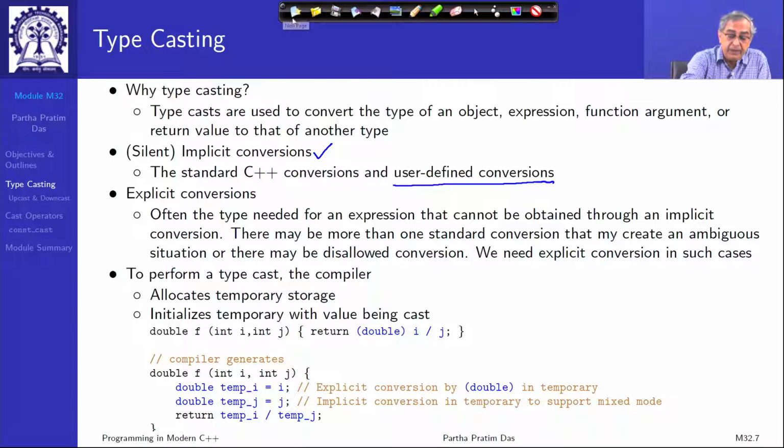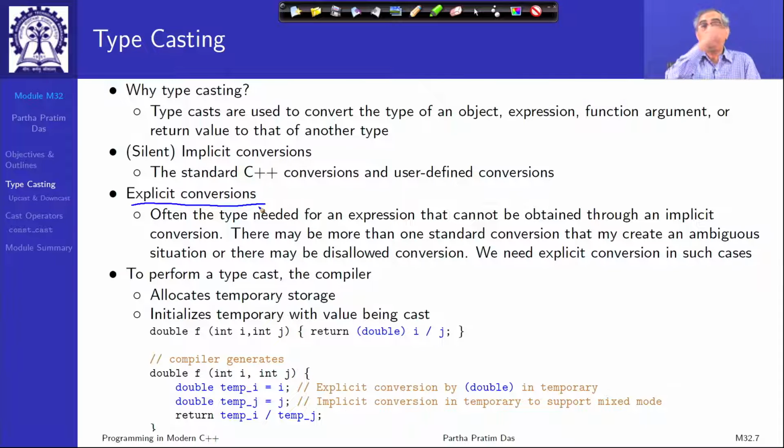The other that we have seen is explicit conversion. Why do we need explicit conversion? Because often the type needed for an expression cannot be obtained from the given type through an implicit conversion. That might happen due to multiple reasons. One, to do this conversion, I might need more than a chain of implicit conversions.